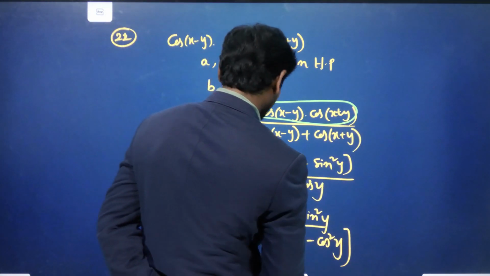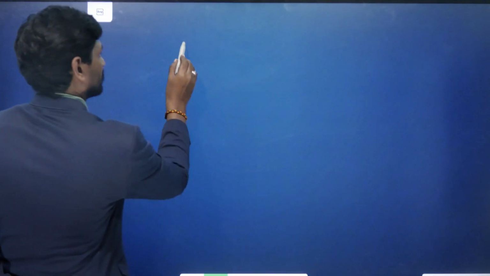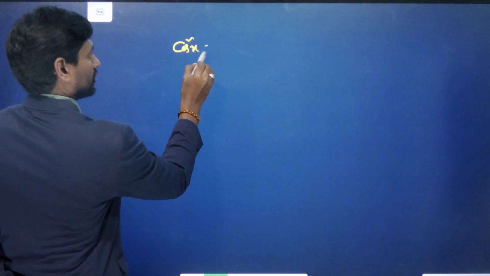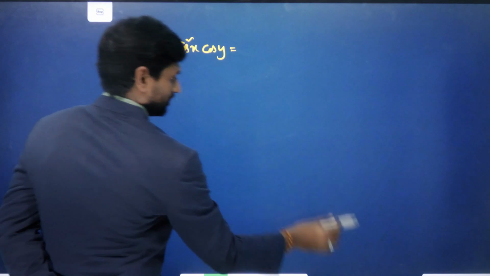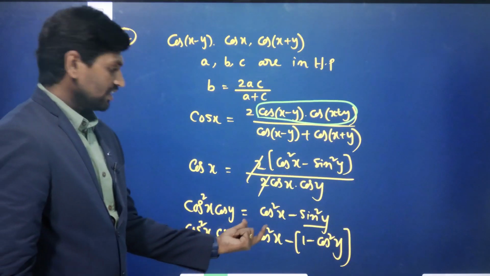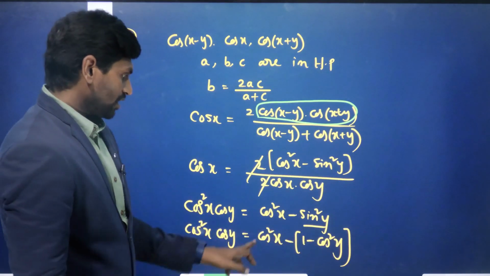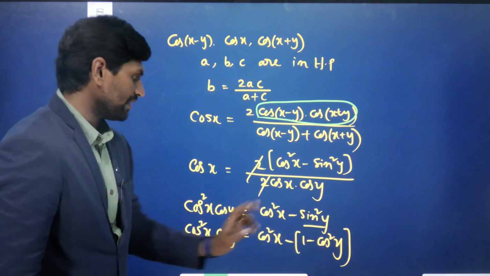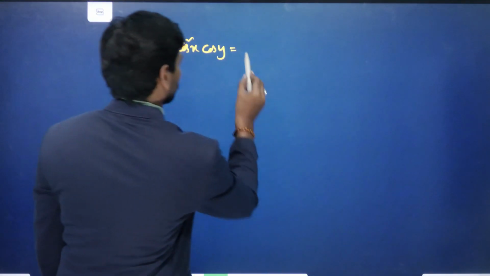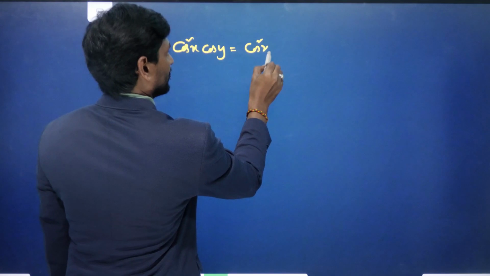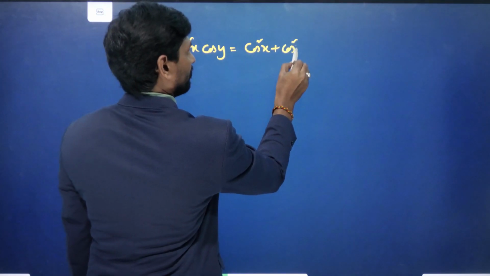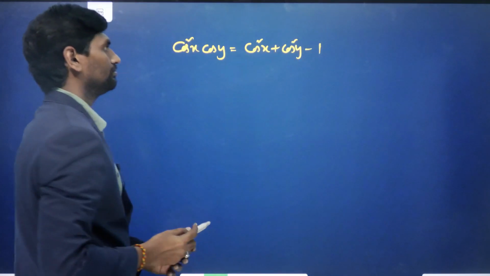So that will be cos square x into cos y is equals to cos square x minus, what means, cos square x plus cos square y minus 1.